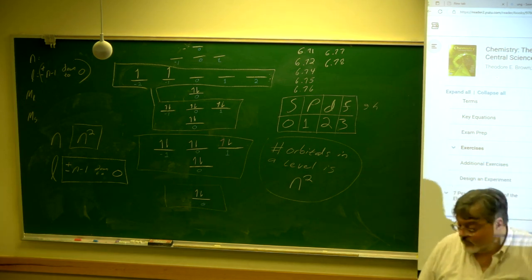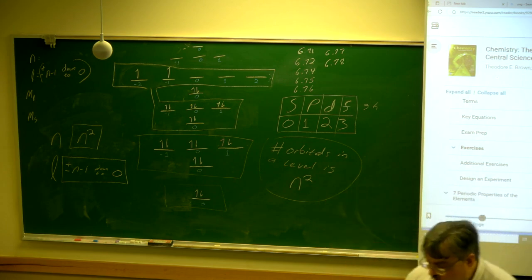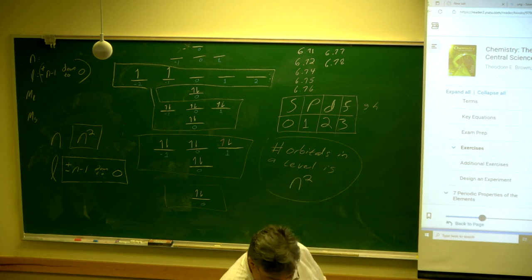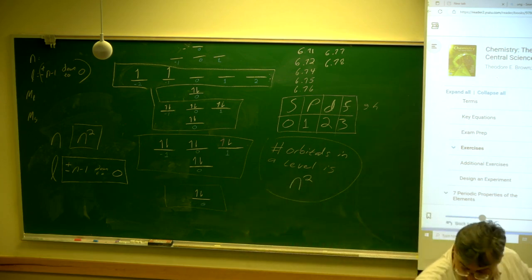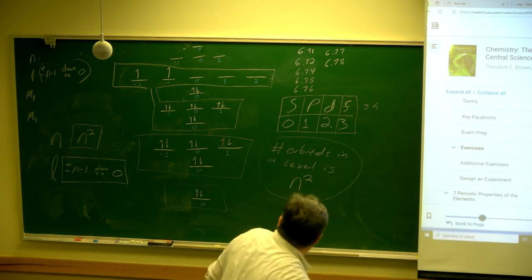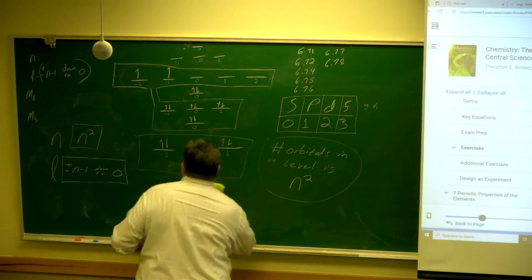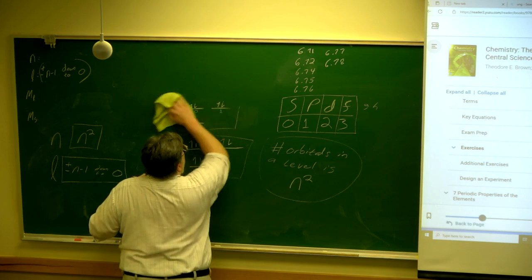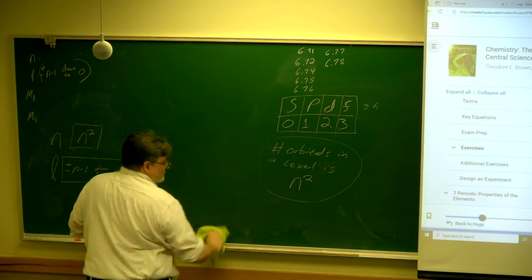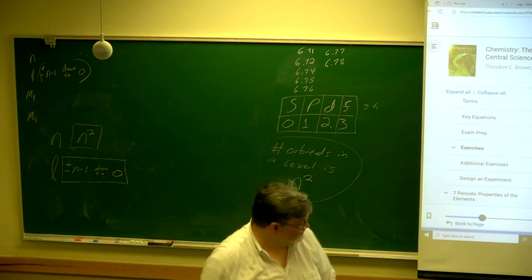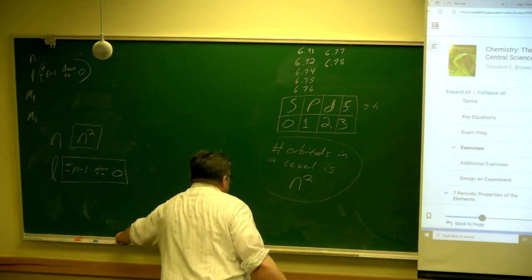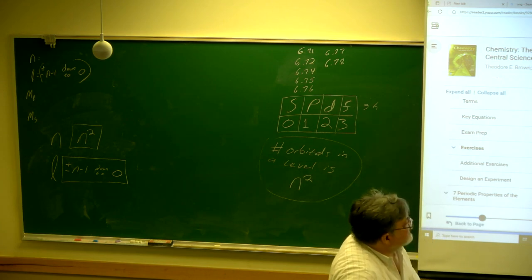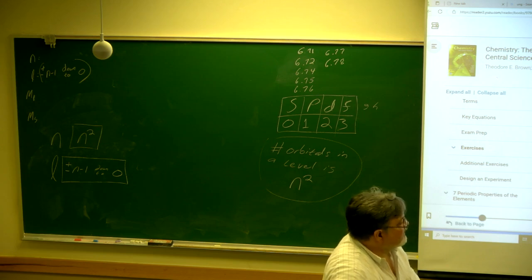Okay. Without those extra weird little formulas I gave you, you could use those to answer this. Without using these, you can still answer this. What is the maximum number of electrons that can occupy these subshells?